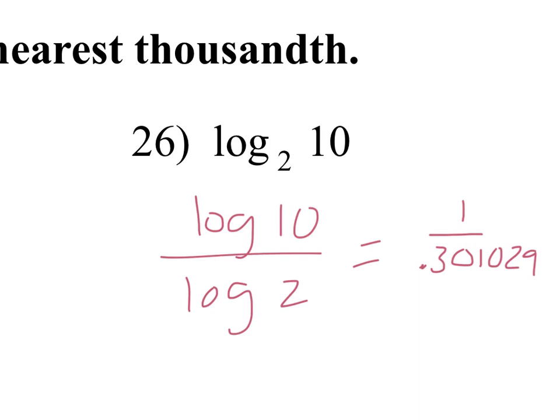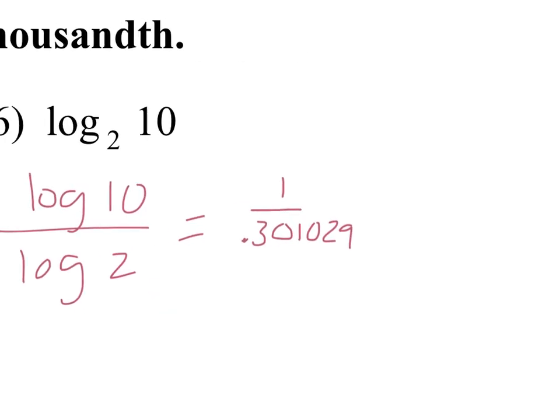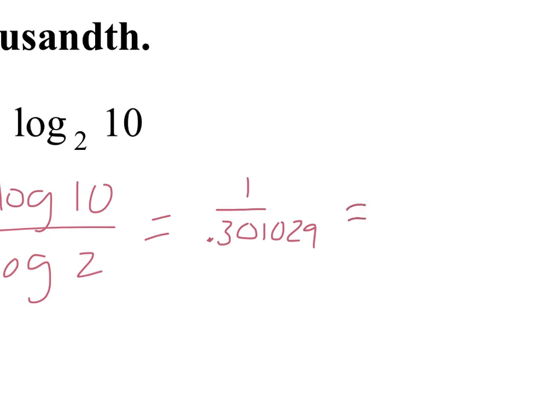And now we just divide those two. So we have 1 divided by 0.301029. And we get 3.32, and I'm going to round it to 2. And this is our answer.